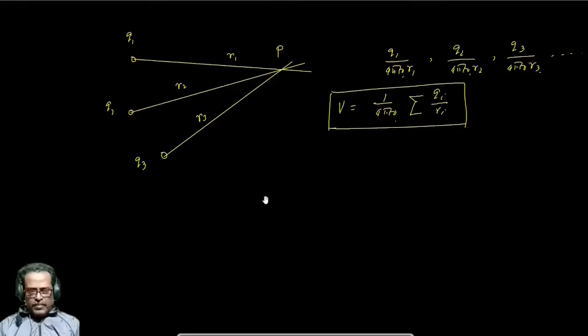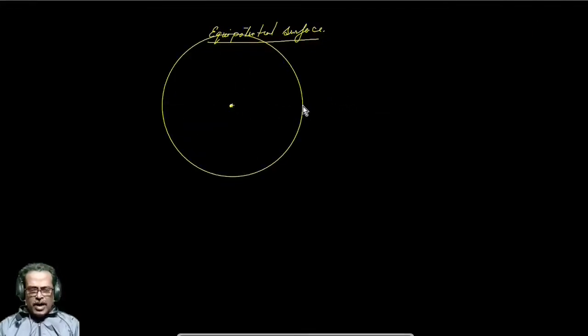Now, equipotential surface. Suppose this is a point charge, and we draw a sphere around it of radius r. At every point on this sphere the potential will be q by 4 pi epsilon 0 r.